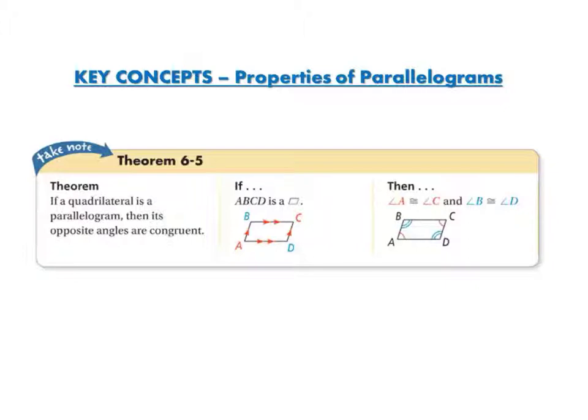And we kind of saw that earlier when we had angle A and angle C in the problem that I worked out. And then also angle B would be congruent to angle D. So whatever those angles are opposite each other, they are going to have the same measurement.